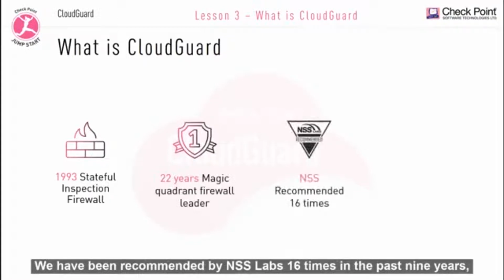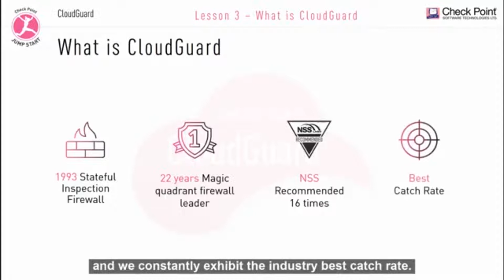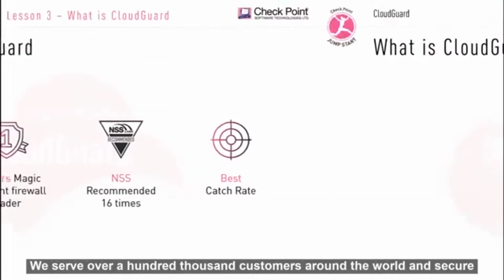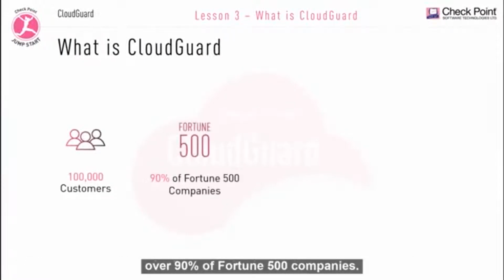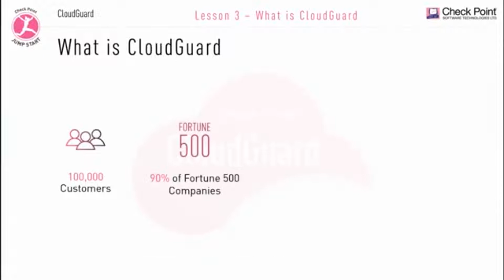We have been recommended by NSS Labs 16 times in the past 9 years, and we constantly exhibit the industry's best catch rate. We serve over 100,000 customers around the world and secure over 90% of Fortune 500 companies.